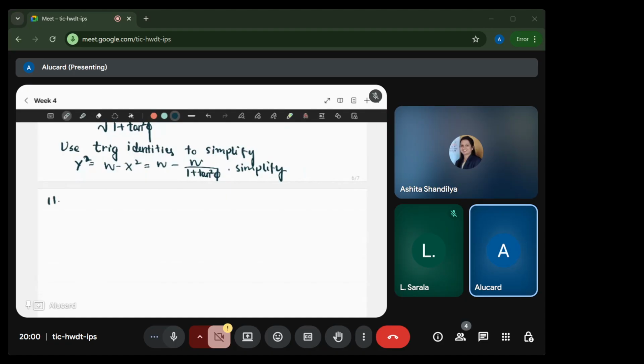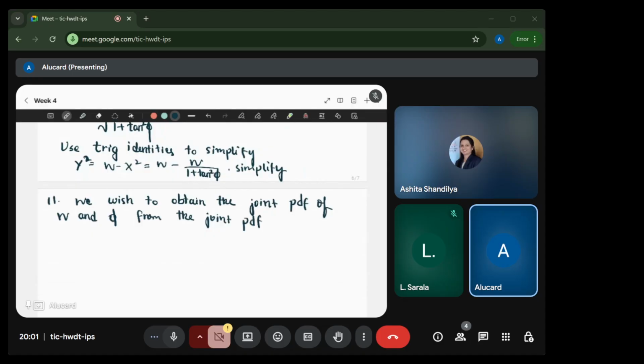Question 11. We wish to obtain the joint PDF of w and phi from the joint PDF of x and y using the transformation of random variables.